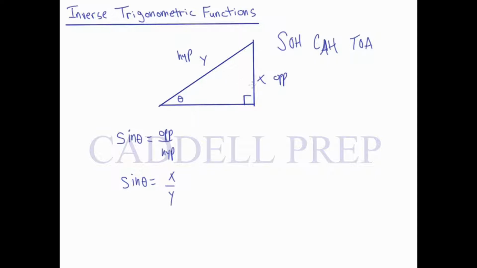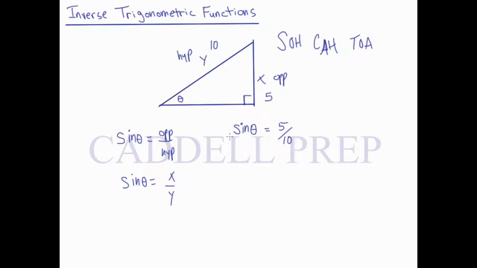Okay, but if these were given, say for example, the opposite side here is 5 and this is 10, then we have sine of theta equals 5 over 10. And we want to find out what theta is.